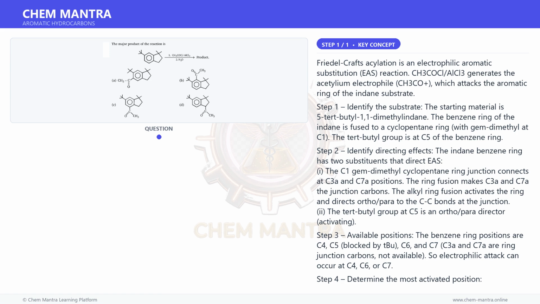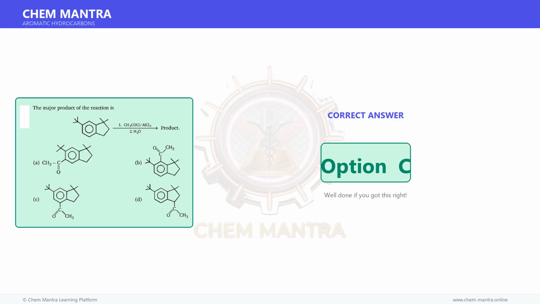D. Places acetyl at C7, which is only ortho to the C7A ring junction but meta to tert-butyl, not the most activated position. Therefore, the correct answer is option C.